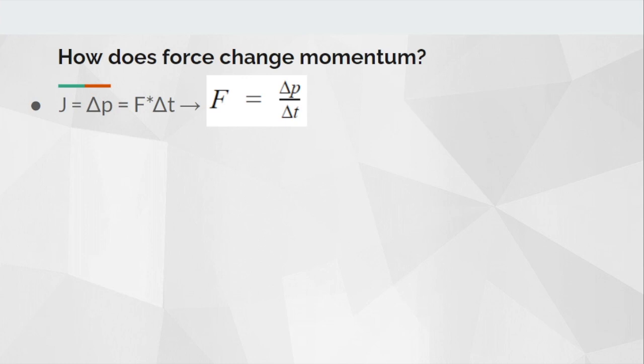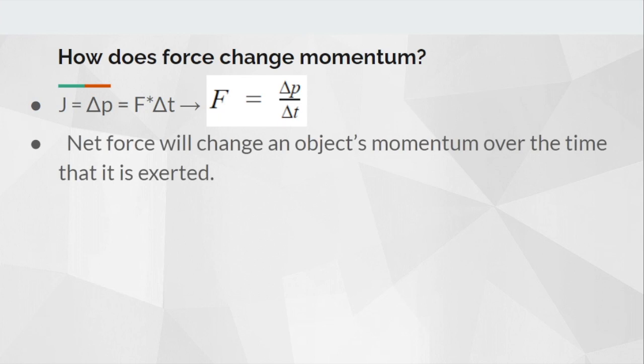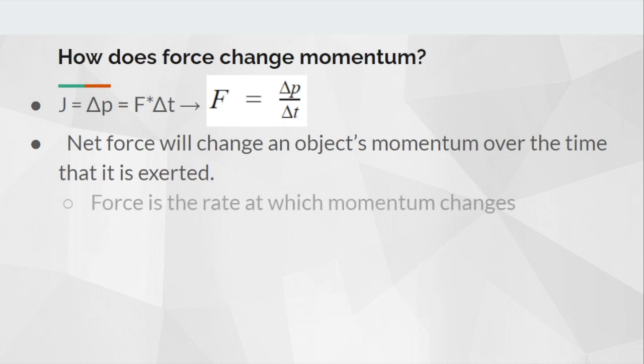So if we look at these equations, we want to figure out, how does force change momentum? Well, net force will change an object's momentum over the time that it is exerted. Therefore, force is the rate at which momentum changes.